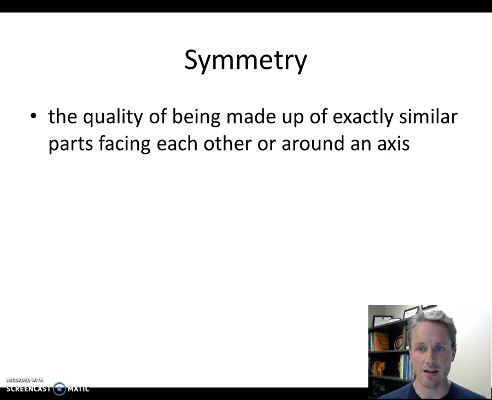Symmetry is defined as a quality of being made up of exactly similar parts facing each other around an axis. That's the working definition of symmetry. But I think symmetry is best shown in images. And so we're going to think about 3 types of symmetry, and we'll look at images of each kind as we go.